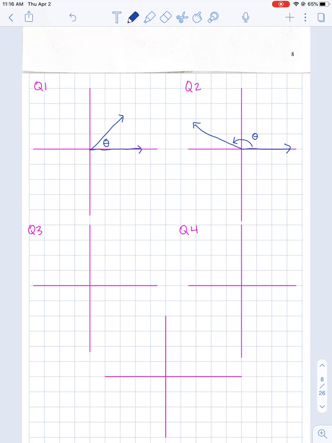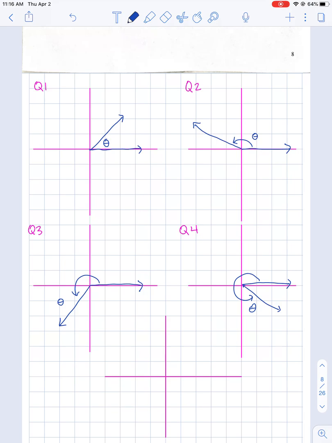Quadrant 3, the initial side is on the positive x-axis, terminal side in quadrant 3. This is an angle beyond 180 degrees, so that's theta. And then quadrant 4, initial side on positive x-axis, terminal side in quadrant 4, and that's my theta past 270 degrees.